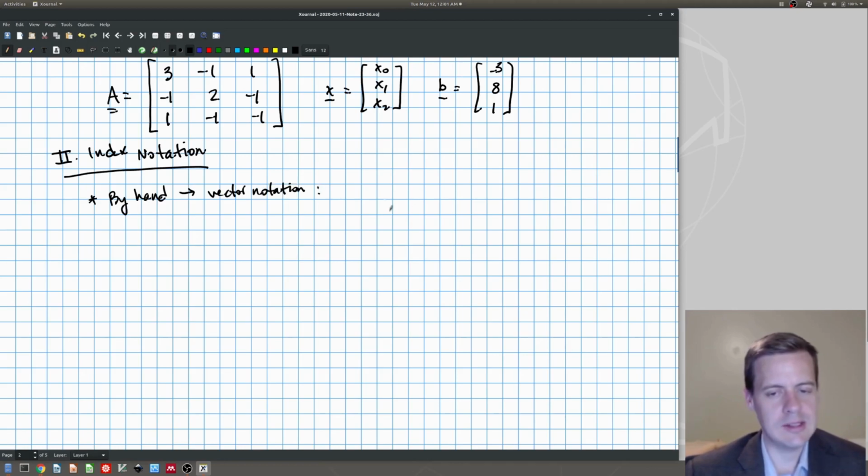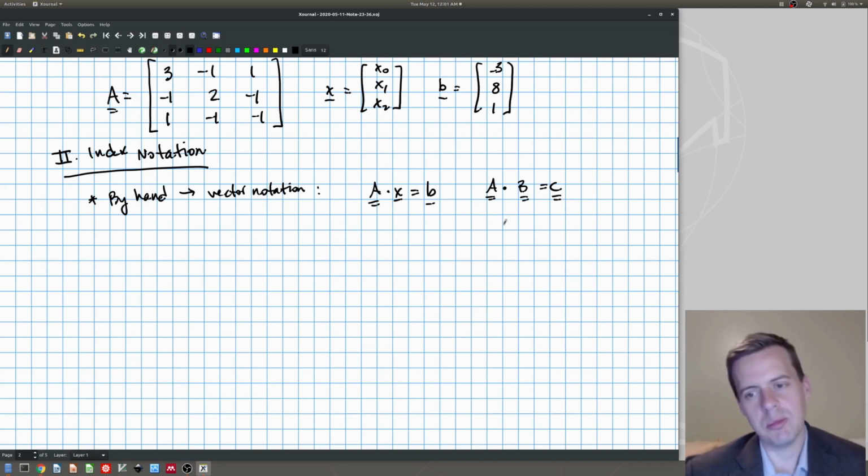And that's this notation, A dot x equals b. Or maybe if you're doing 2 matrices, you have A dot B equals C. So this would be our current linear system. This would just be the product of 2 matrices. In your math book, you might see this as a bold, big B equals a big, bold C. Something like this. That would be your math book.